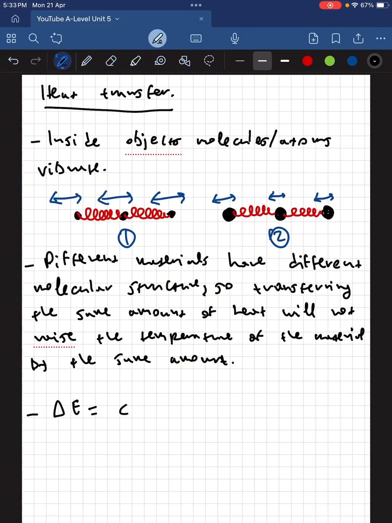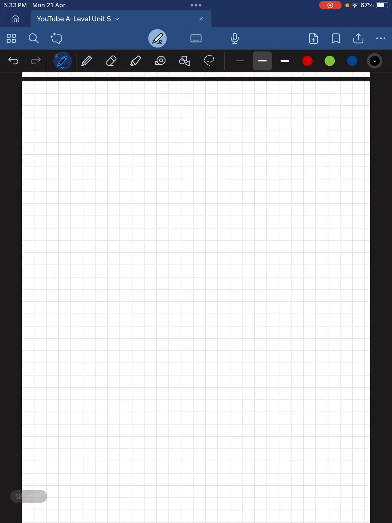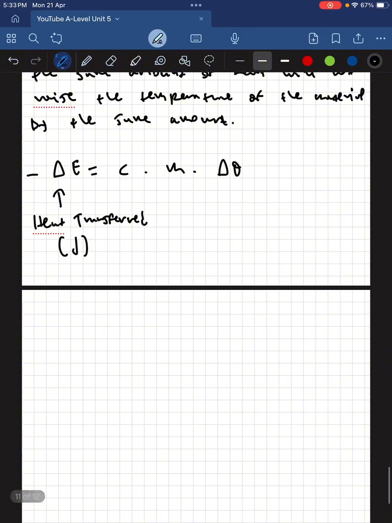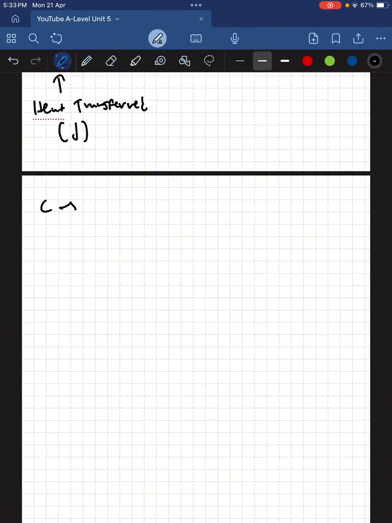So the heat transferred to a material, measured in joules, is equal to C times M times delta theta, okay? Let's define these quantities. We already defined what delta E is: the heat transferred to the material. C is the specific heat capacity.